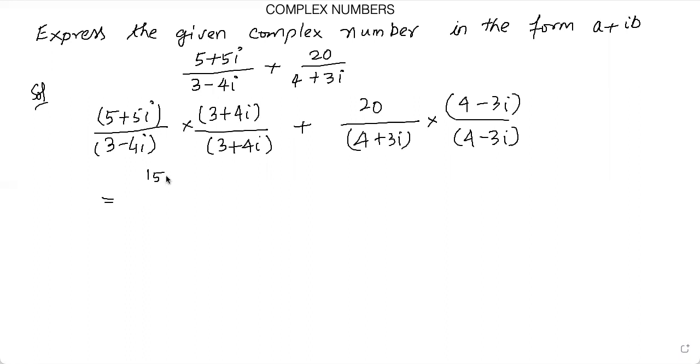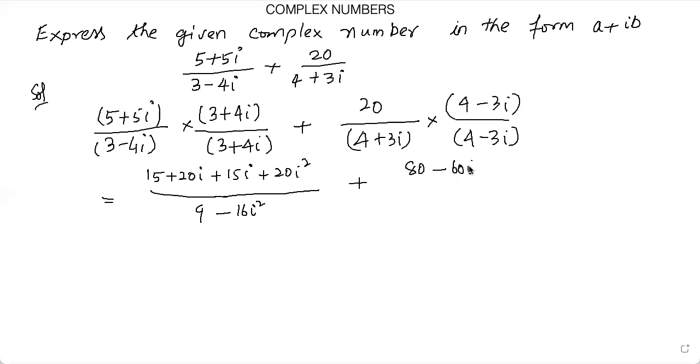So this is 15 plus 20i and 15i plus 20i square, right? And in the denominator, this is a minus b and a plus b, so this is 9 minus 16i square, plus this will be 80 minus 60i by 16 minus 9i square.